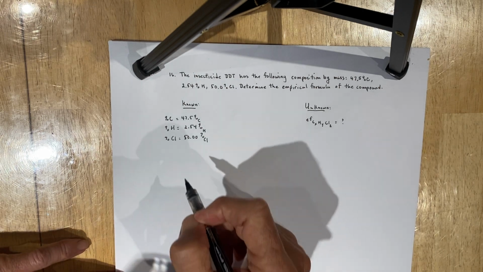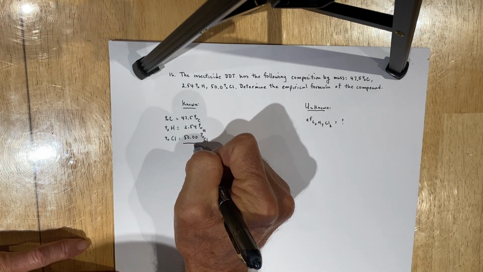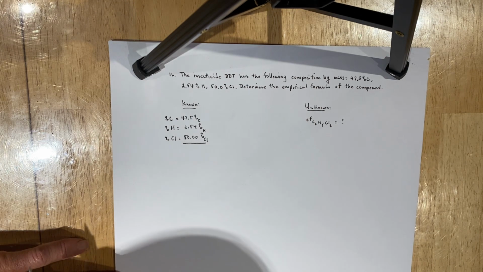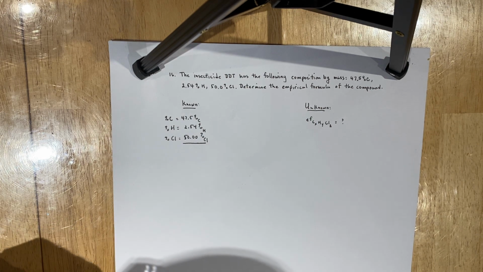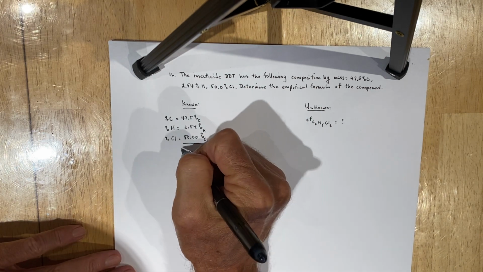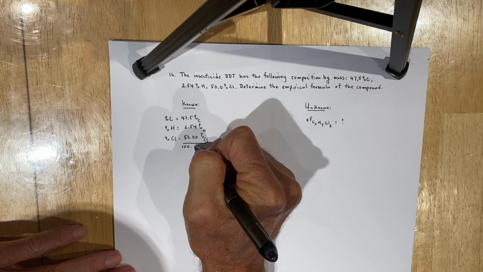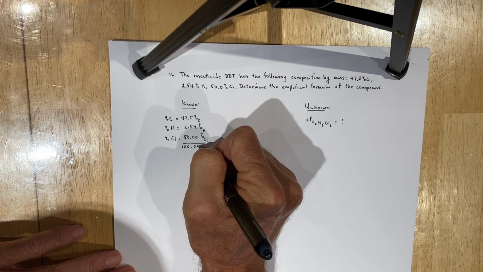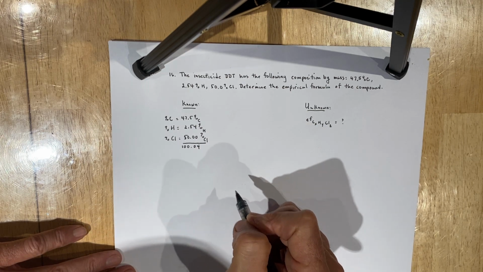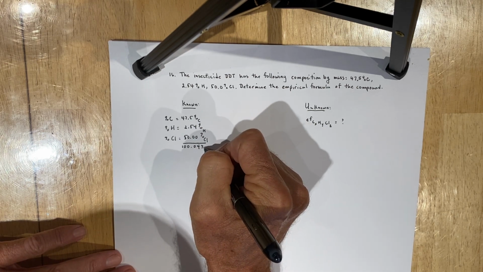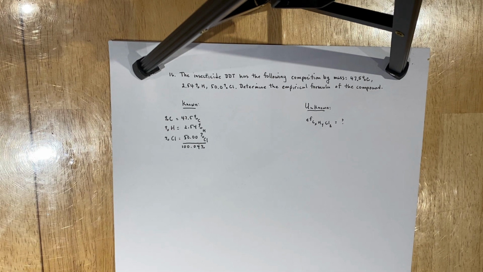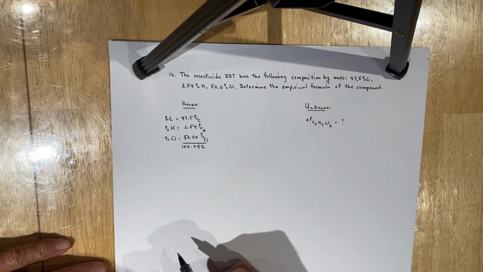Now, it stands to reason that if you totaled these percentages, they should come close to 100. And in fact, as I total these, the percentage comes to 100.4%. I wouldn't let that bother me, but it should be close to 100%.